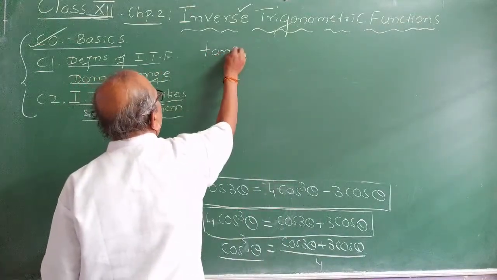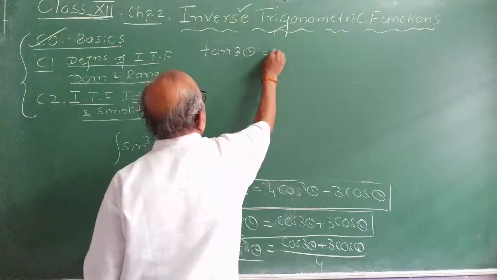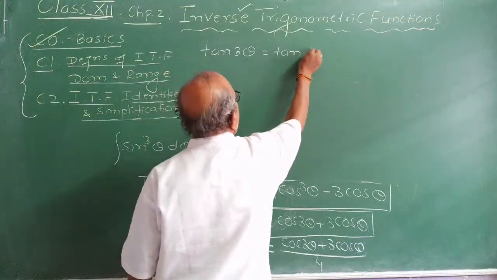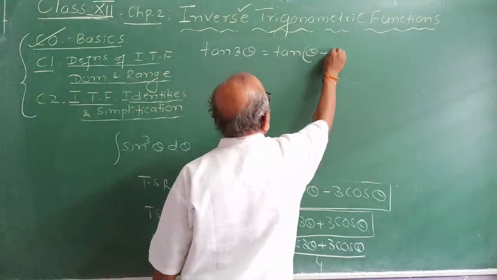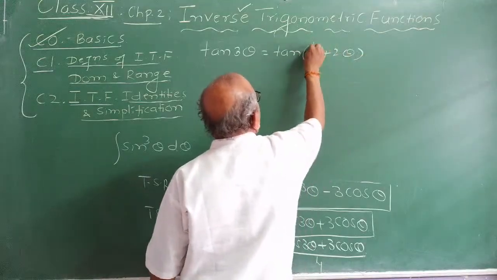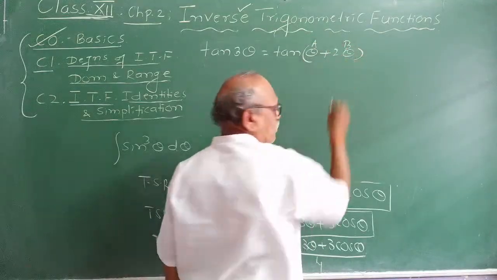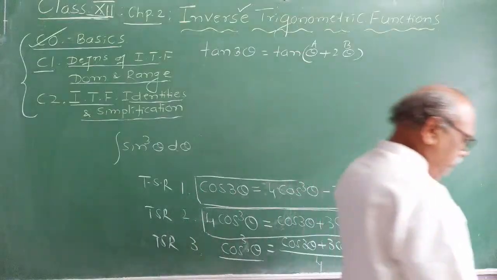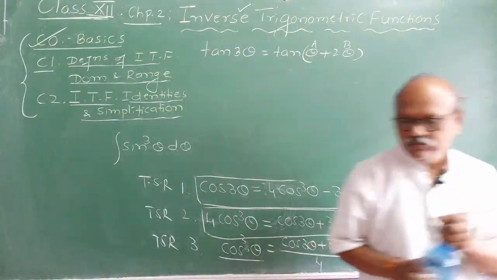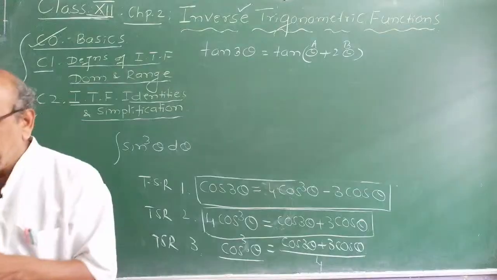Yes, sir. You try now. Tan 3 theta is equal to. You already know tan theta plus, can I write it as 2 theta? Use the formula of tan A plus B. Take 1 or 2 minutes. Derive the formula.